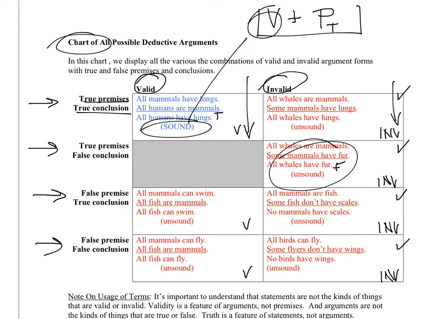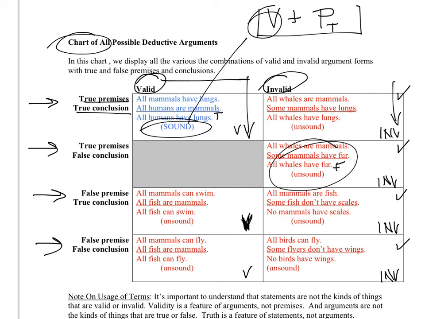The point is, each of the arguments that are in red is unacceptable and unsound, even when, if we go over to this column here, the argument is valid, as this column demonstrates.